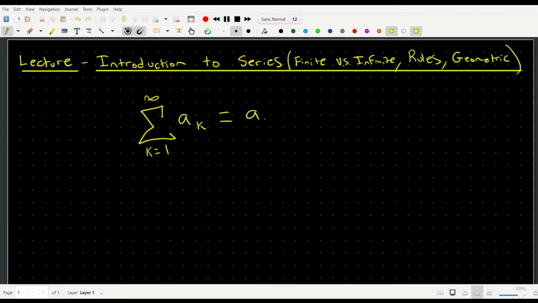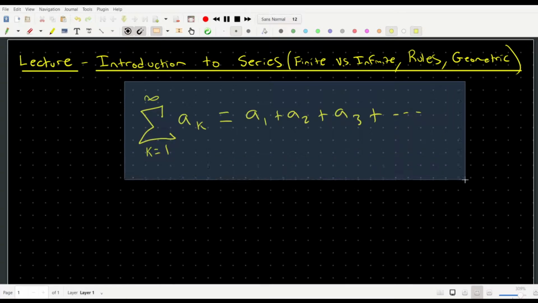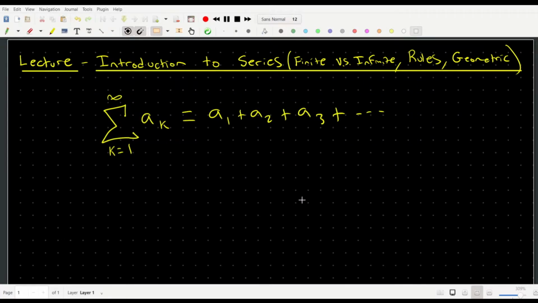This is something like a1 plus a2 plus a3, and so on and so on, all the way to infinity. So you have some infinite sequence of values a1, a2, a3, a4, a5, and we want to figure out what the sum of these infinitely many values is. So this is what an infinite series is.